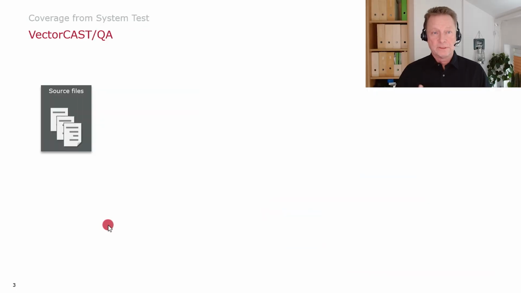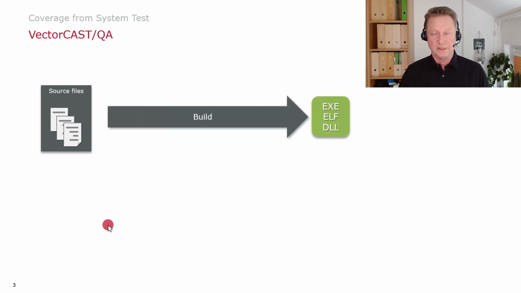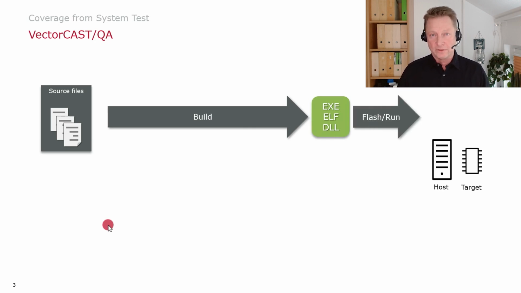So coming to the validation phase, you have your existing system test with your source files, your build process to build the executable, then to flash or run the executable either on host when it's in a virtualized environment, or flash it to target when we are using the real hardware.